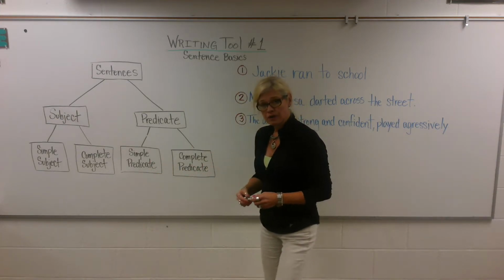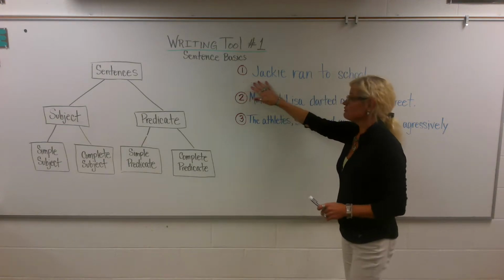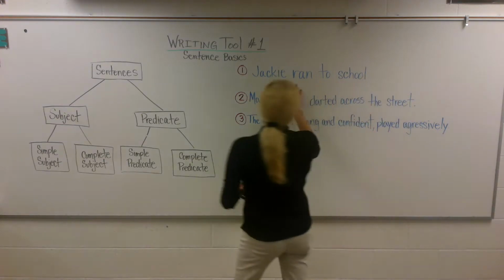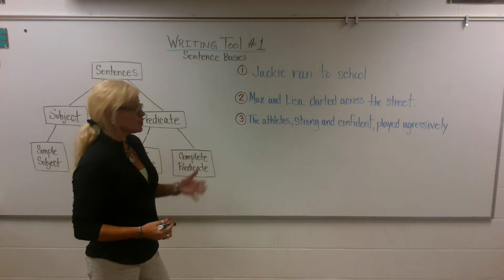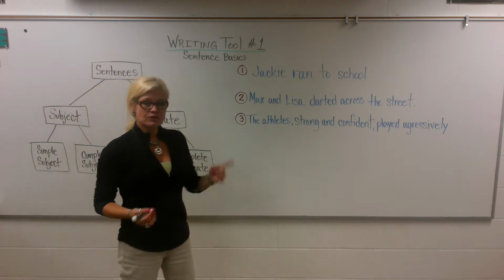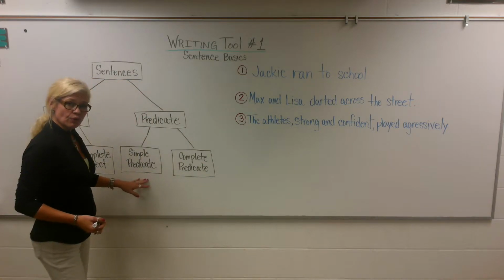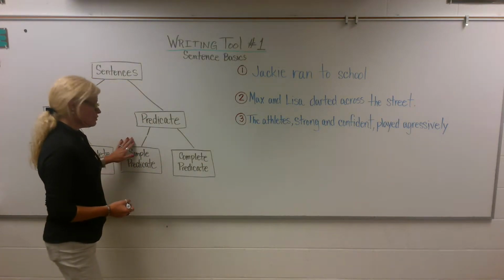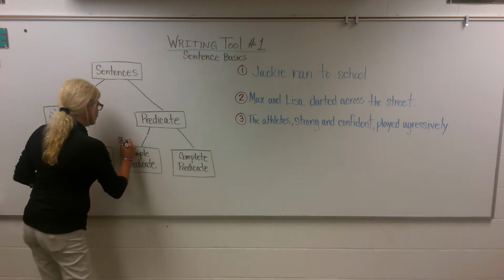So here's how we go about doing that, and it's a simple process. If we take a look at this very first sentence, it reads, Jackie ran to school. Now that's a very basic sentence, but you have to ask yourself, what is the action in this sentence? So that's the very first step. What is the action? We are looking for the simple predicate. So this right here is step number 1. Okay?